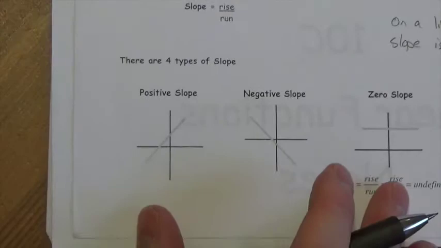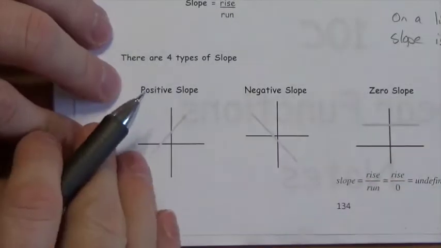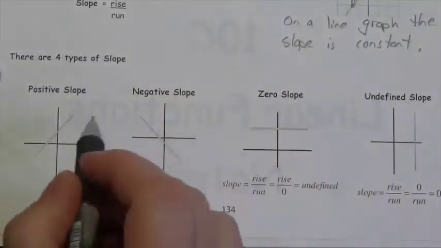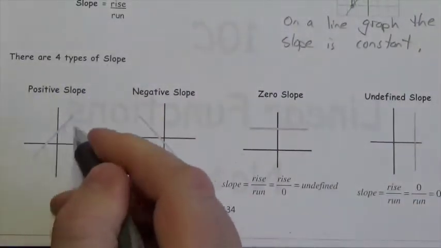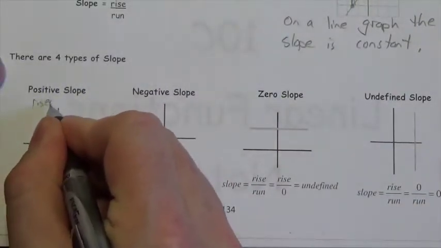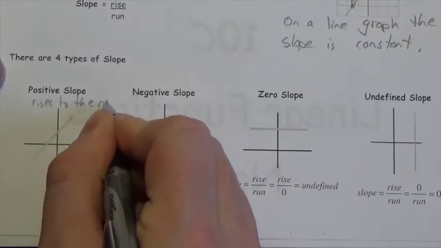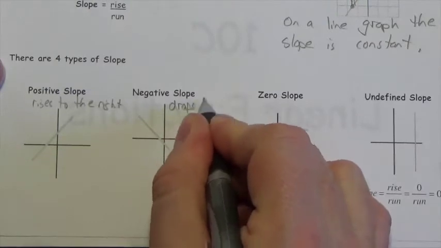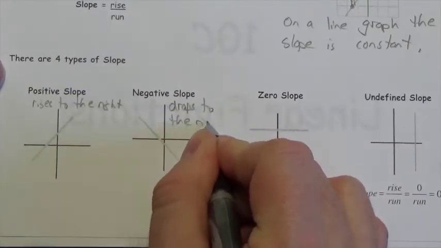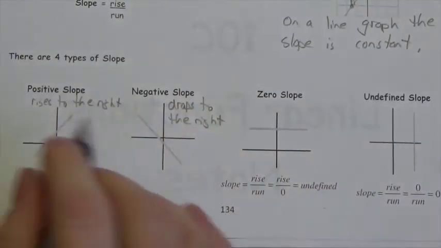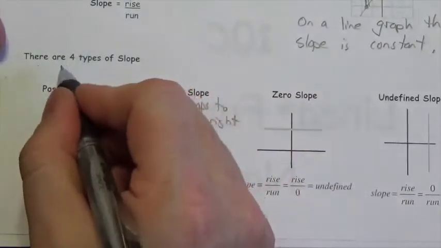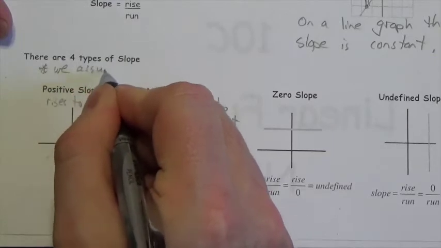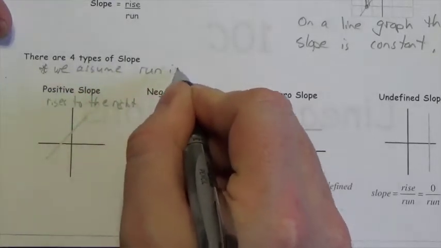Now, let's take a quick look here, and you'll notice that we've already talked about these different examples of lines. This is positive slope, where the line rises to the right. This is negative slope. This one drops to the right. And the reason I say it like this is that often we assume the run is positive.